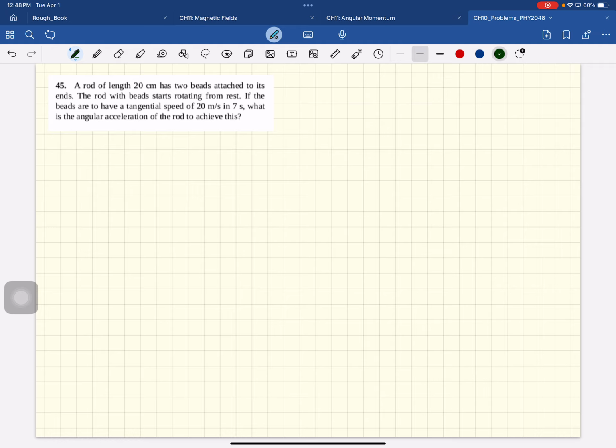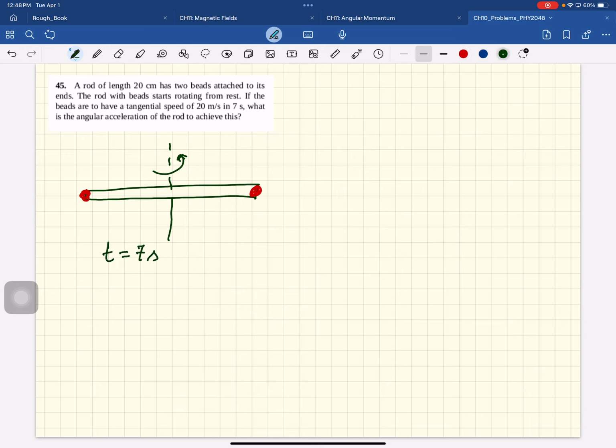Okay, so let's say it's rotating like that, and at t equal to 7 seconds, these guys have a tangential speed of v equal to 20 meters per second. And this is 10 centimeters, 0.1 meter.